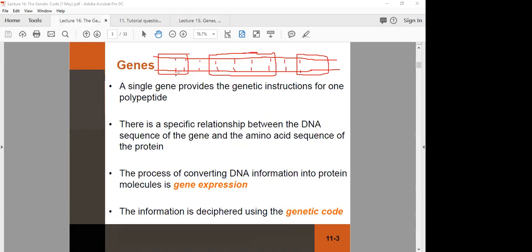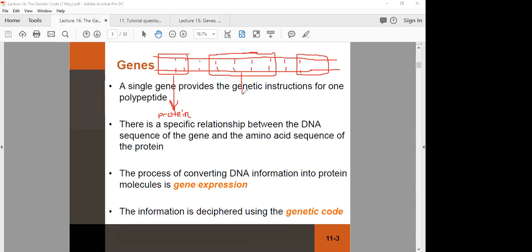So let's look at this gene here. This gene might be a protein coding gene. So it carries the information in the form of a code that will eventually produce a functional product, which is a protein.